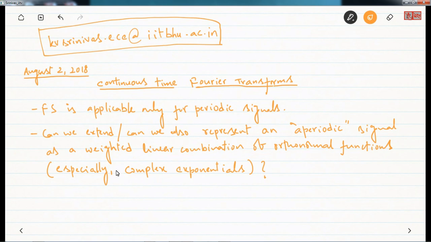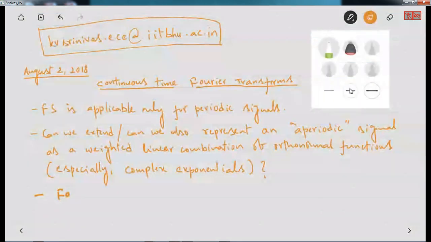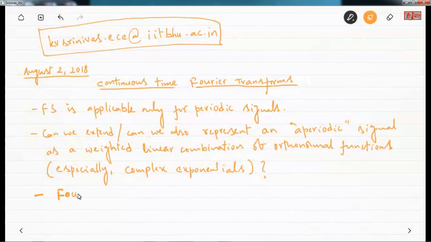Yes, it turned out that we can do such an analysis even for continuous time aperiodic signals, which are not periodic, and the most intelligent way of dealing with this was done by Fourier way back in the 1800s.